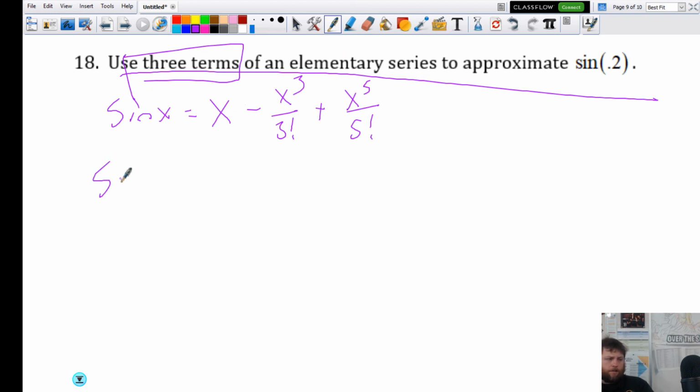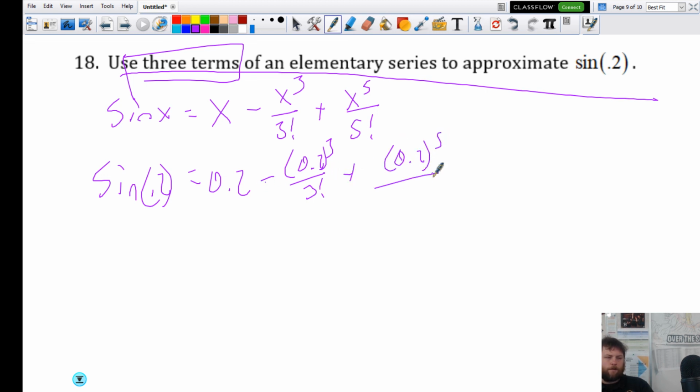And to approximate sine of 0.2, we put 0.2 in, so we go 0.2 minus 0.2 cubed over 3 factorial plus 0.2 to the 5th over 5 factorial. And we do some calculator magic. Ooh, and then we get something. I'll leave that up to you to type in, because I don't want to.